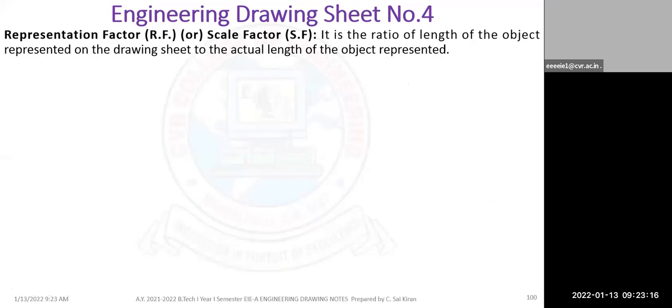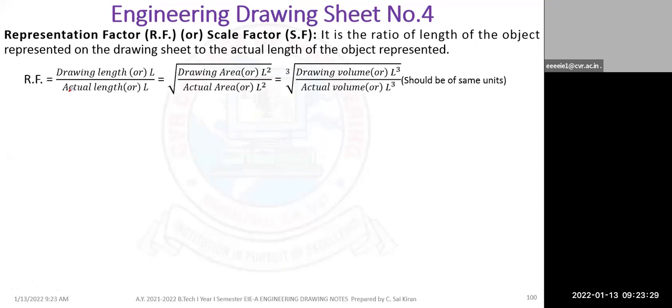First is the representative factor. This factor represents the drawing length by the actual length. In the numerator, we take the drawing length. Suppose this is your drawing sheet, and suppose this is your object.